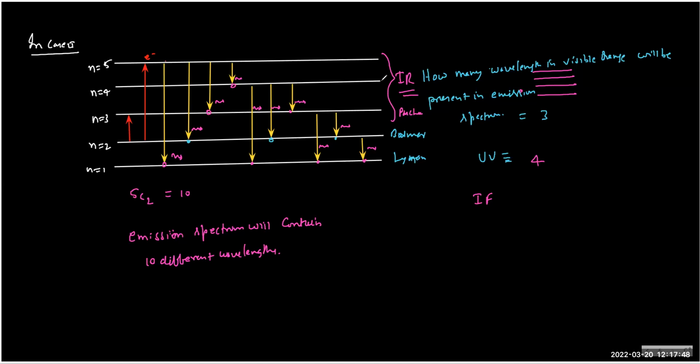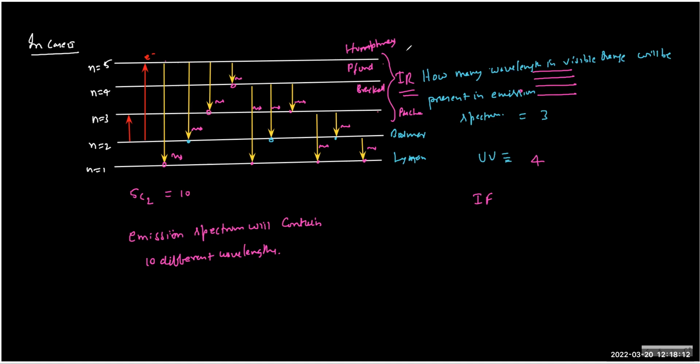Lyman, Balmer, Paschen, Brackett, Pfund, and Humphrey. Anyway, so we have the near infrared, far infrared, very far infrared.